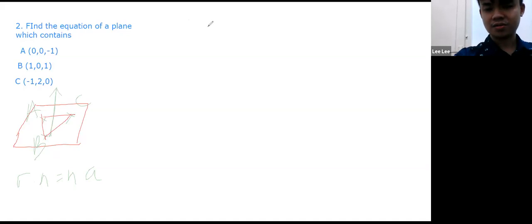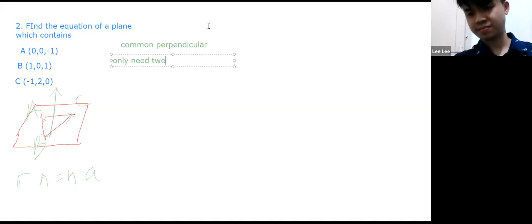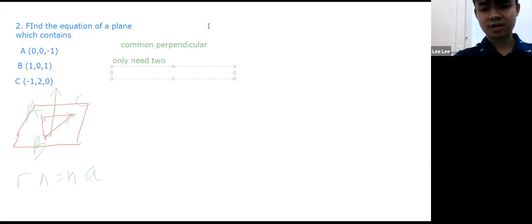But when we solve the common perpendicular, how many vectors do we need? Do you need 3? No, only 2 in this case. So it's up to you. Let's say I use the vector AB, and for example, I use AC. So now I solve AB first.